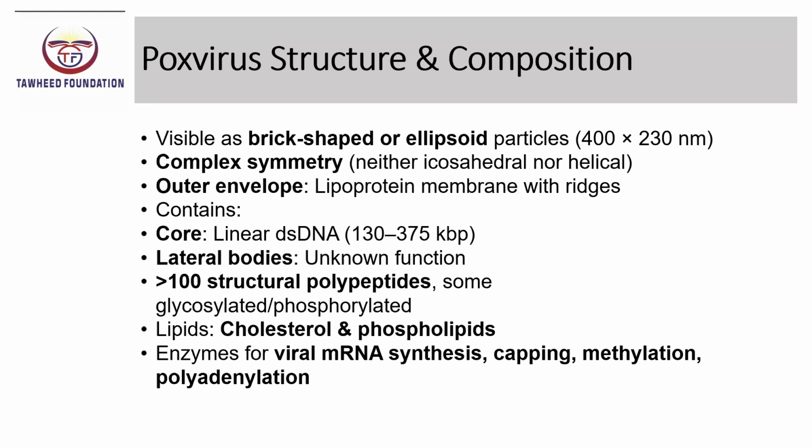The virion contains over 100 proteins, including enzymes required for transcription, which is why replication can occur in the cytoplasm without nuclear machinery. The virus is highly resistant to inactivation, and many viral proteins help it evade host immune defenses. Historically, smallpox was the first viral disease eradicated from the world, making pox virus significant in the history of medicine.